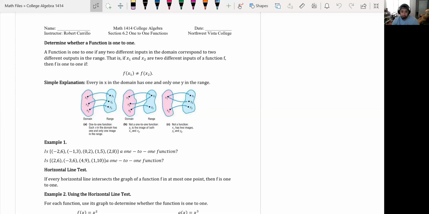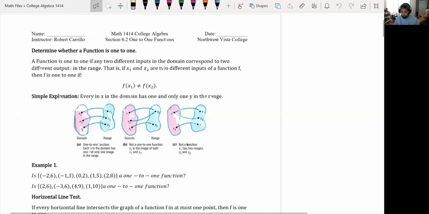Keeping it simple, what that means is that every x in the domain has one and only one y value in the range. So for one x, there is only one y. This is what it means to be a one-to-one function, okay?